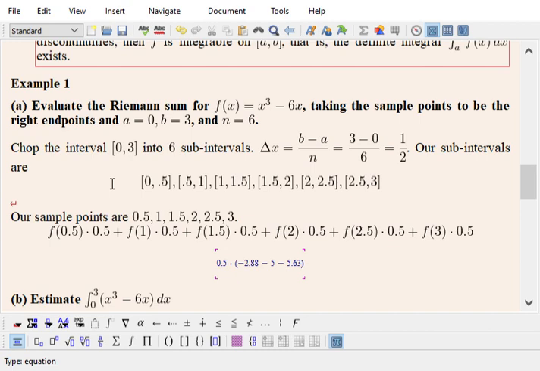I'm just truncating these to 2 places of precision here. Of course, if you keep the entire number stored in your calculator, you're going to get much better precision. If you just truncate down to 2 places at each step, then your final answer is going to have some round-off error in it. But for this particular example, I don't really care.